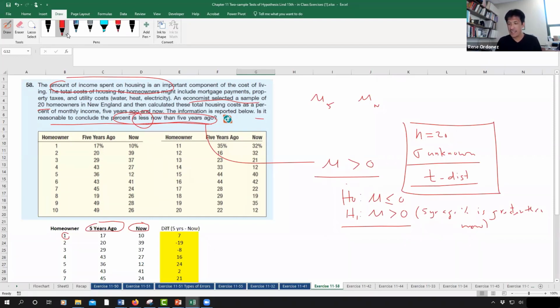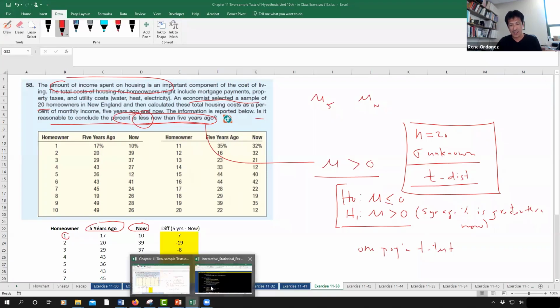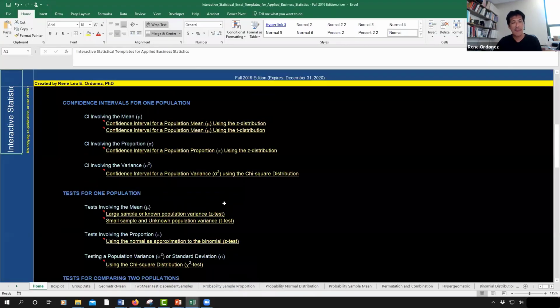So note that this hypothesis here is a one population t test, as in the previous chapter. So in the one population t test, let's go back to the template here.